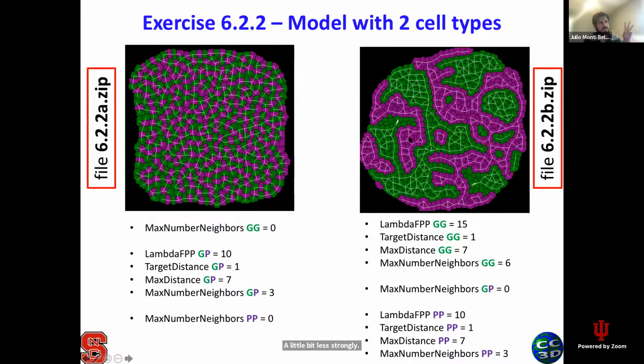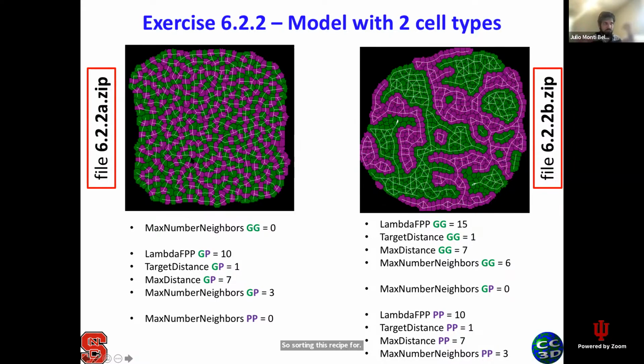So what happens is that you have a separation of the two cell types, usually because the green-green interaction is stronger and more contractile. They tend to be at the center of your mixture, while the purple one, because a little bit less strong and with fewer connections, tend to go to the outside of the tissue. So these are recipes for cell sorting. These are recipes for cell mixing.